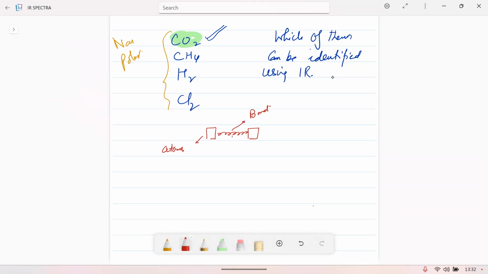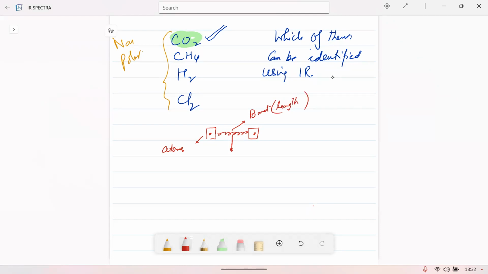How much force you need to pull this spring depends on the weights. If they are heavy, you need more force to pull them. If these are light, then you need less force for this spring to move. Exactly this applies to the bond.